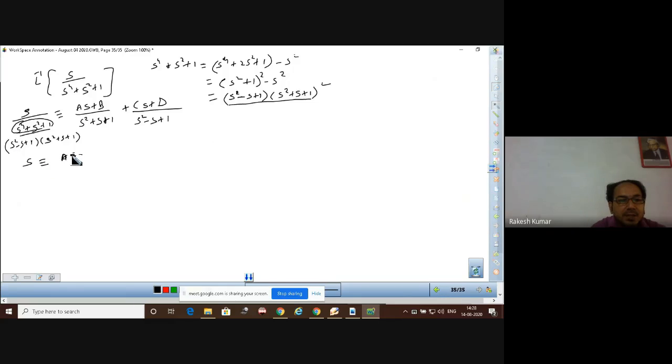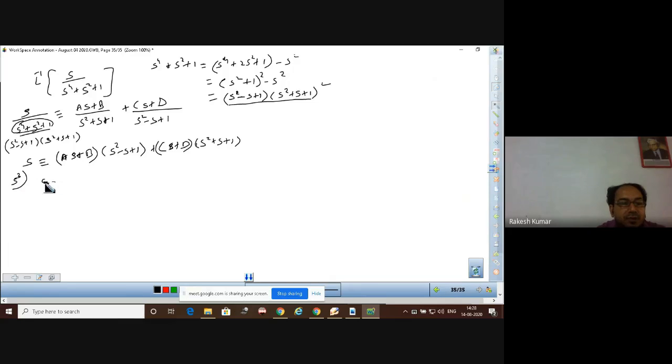This is as plus b into s square minus s plus 1 plus cs plus d into s square plus s plus 1. Now you can compare the coefficient of like powers of s. The highest power of s is s cube on the right hand side.